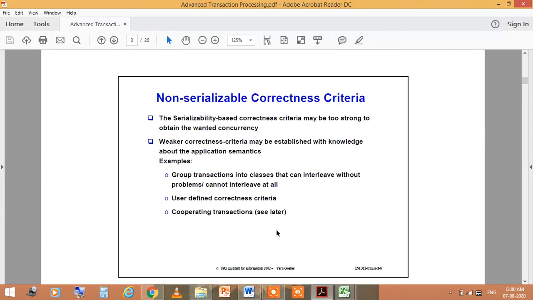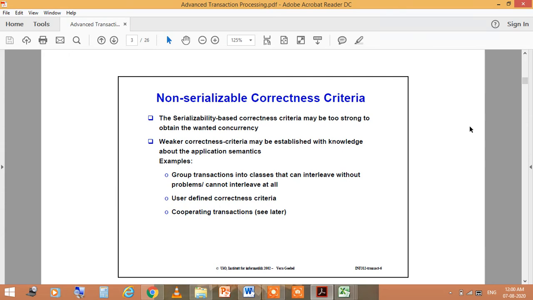Next is the non-serializability correctness criteria. In this, the serializability based correctness criteria may be too strong to obtain the wanted concurrency.